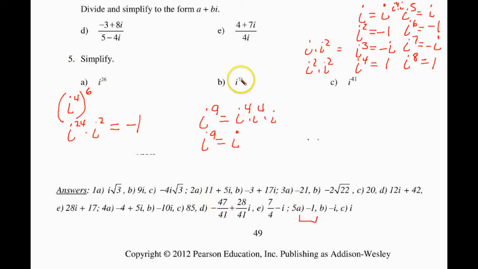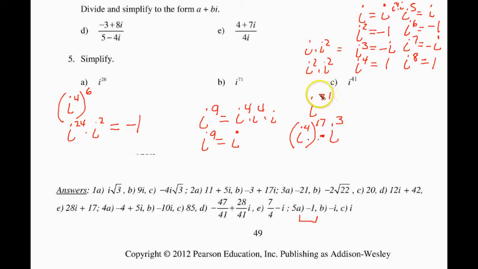All right, now we have i to the 71st. Well, if we had i to the 4th, which is a 1, what would be the closest thing to that? Well, i to the 17th, which is 68, i to the 68 times i to the 3rd.